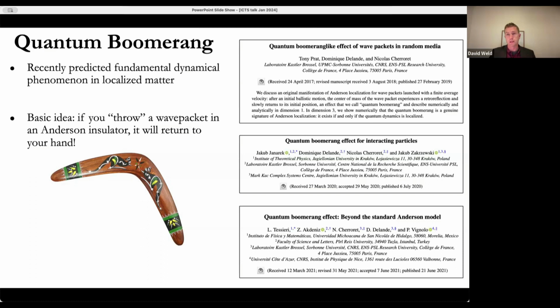Maybe that distance would be characterized by the mean free path or some other related length. Instead, in a quantum mechanical Anderson insulator, the wave packet goes away from you, turns around, comes back towards you, and then comes to rest back at the position that you threw it from. So not exactly like a boomerang, more like a loyal pet, as I like to say, but I didn't name the effect.